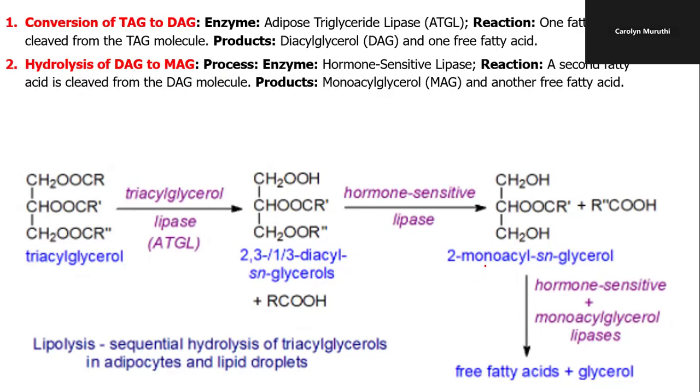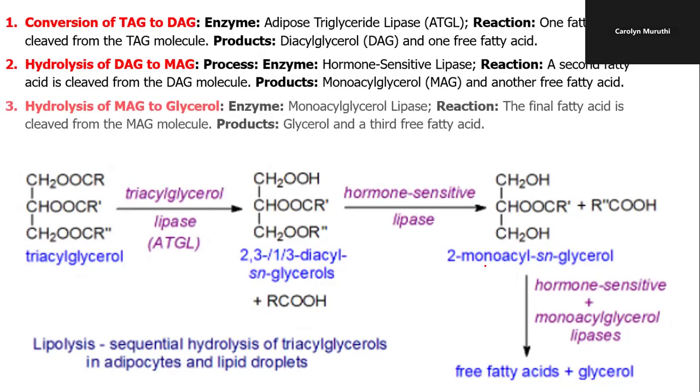It is important to note that hormone-sensitive lipase is the most tightly regulated enzyme in this pathway because it responds directly to hormonal signals. It is inhibited by insulin and activated by the hormones that we have already mentioned, that is glucagon and epinephrine.